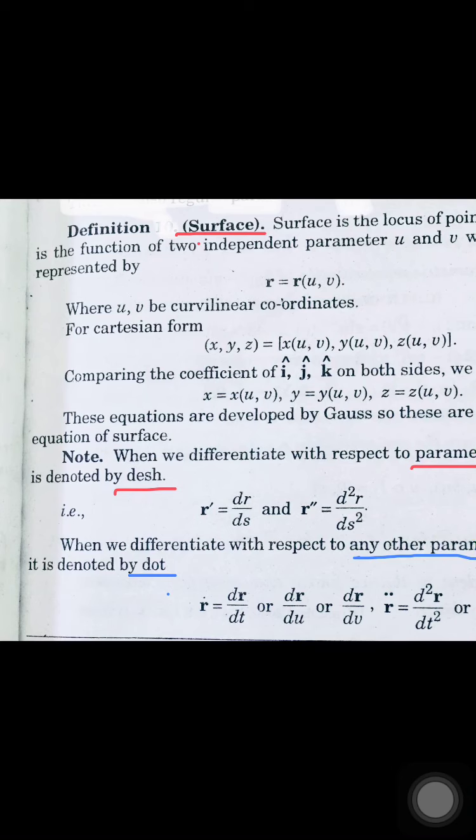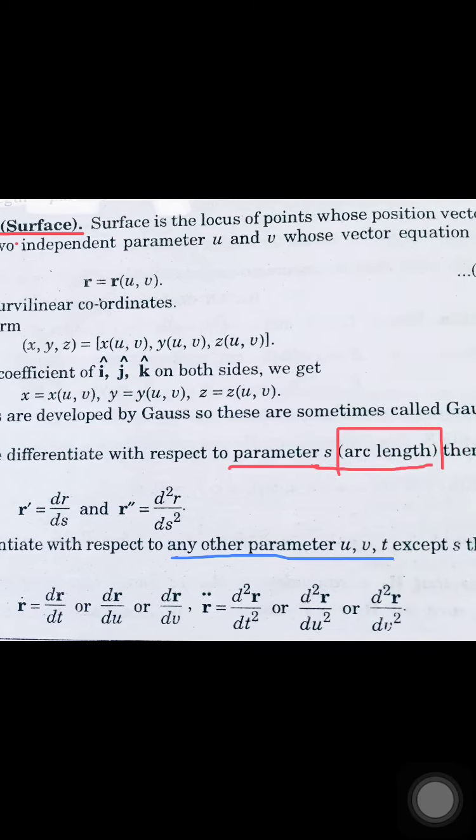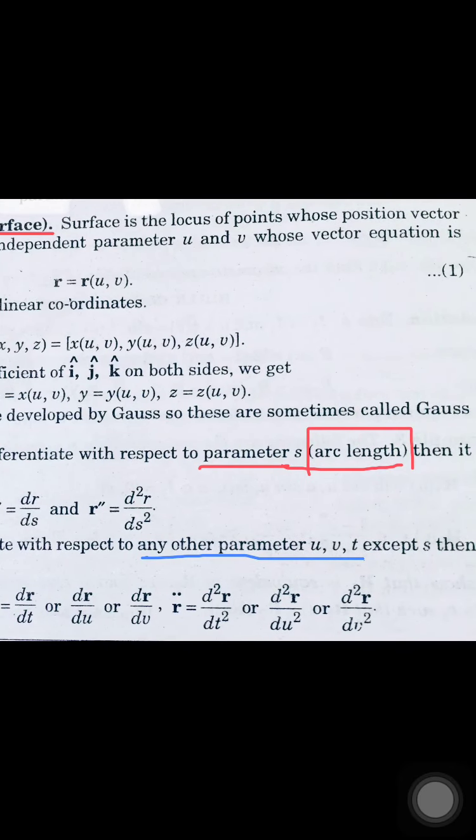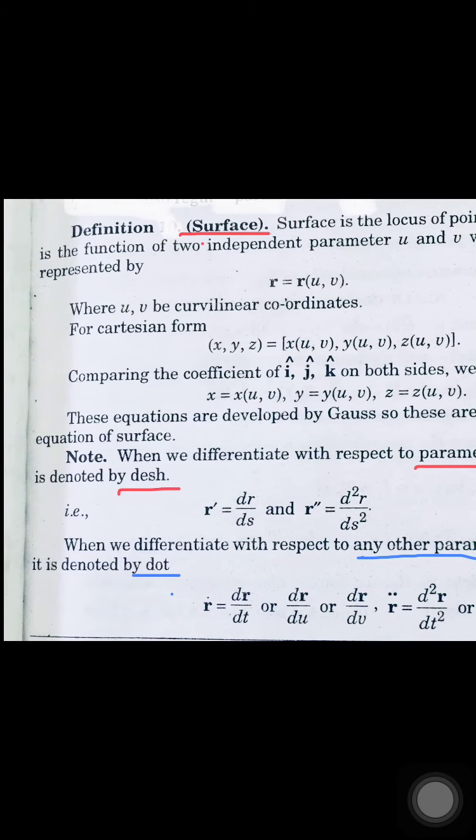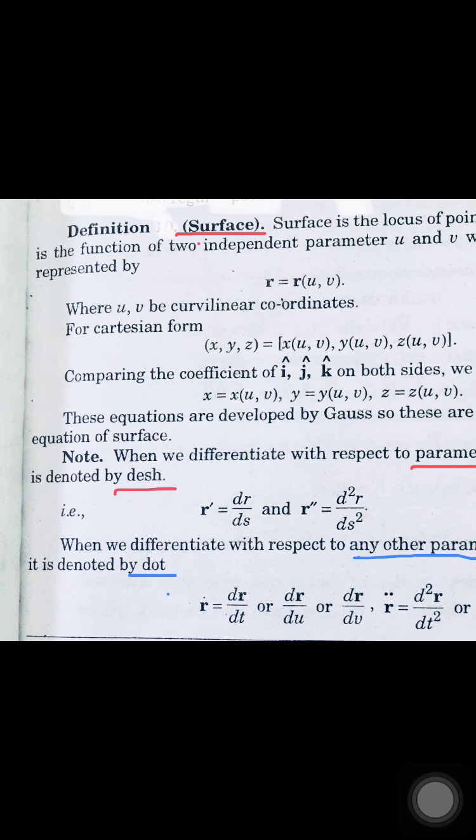Okay, when we differentiate with respect to a parameter, this is important here. When we differentiate with respect to the parameter s, where s is arc length, it is denoted by a dash. You are seeing here r dash. R dash is permissible only when you differentiate with respect to arc length s, that is dr by ds.